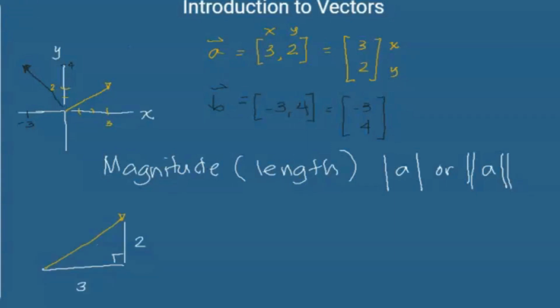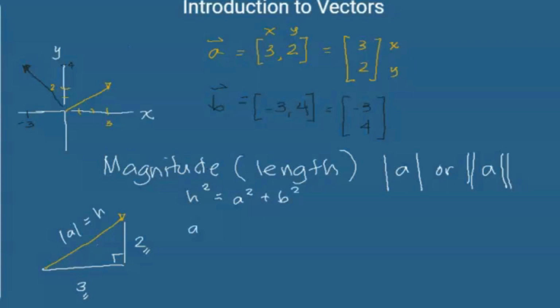Okay, so let's pull out the vector A. We have the x component 3 and y component 2. And this is our magnitude or the length of A. As you can see, it is a right triangle, and our length or magnitude is our hypotenuse. So we can use the Pythagorean theorem. To calculate the hypotenuse, h squared is equal to a squared plus b squared.